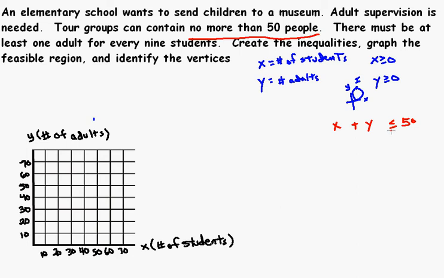The other inequality is a tough one. There must be at least one adult for every 9 students. So let's take a look at that.